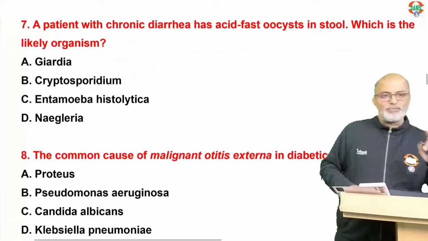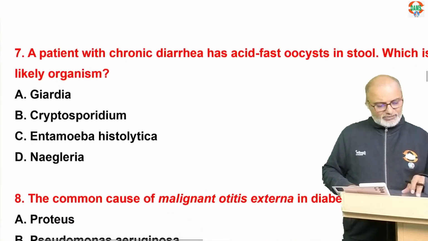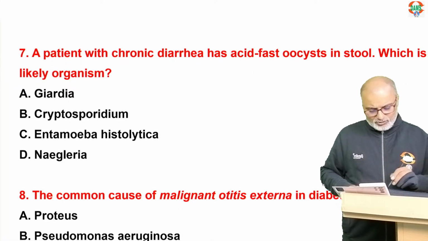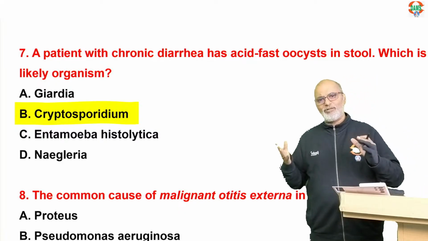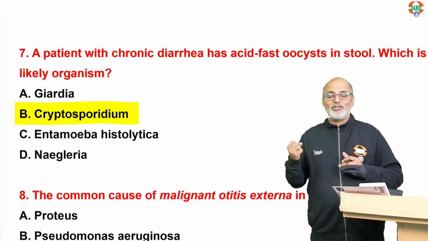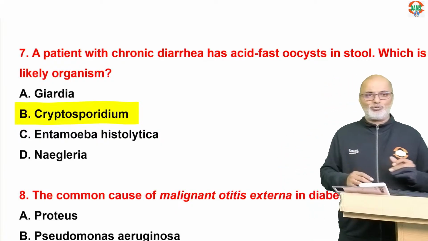I told them to upload by today itself. So patient with chronic diarrhea, acid-fast, I can go for Cryptosporidium without size or shape. Suppose they gave other choices like Cyclospora, Cystoisospora, that time they will give some clue, size and everything.